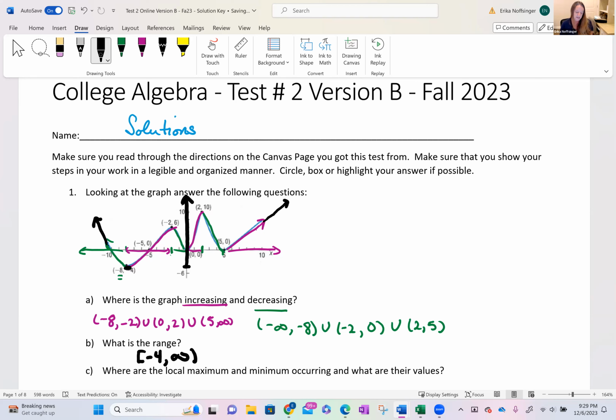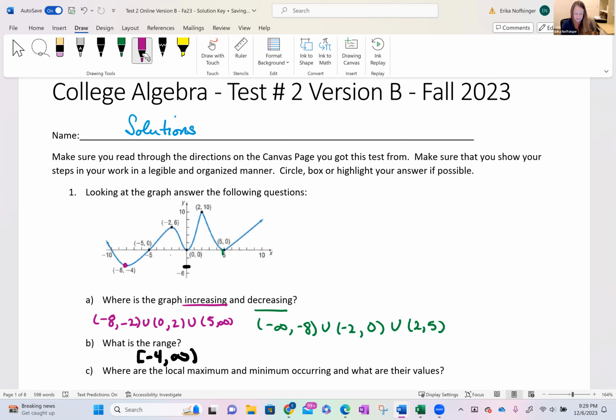Part C asks, where are the local maximum and minimum occurring and where are their values? So we're looking at some peaks or valleys, is sometimes what you might hear it be called, of this graph. And so in here, I see that I have a point here at -8, -4.